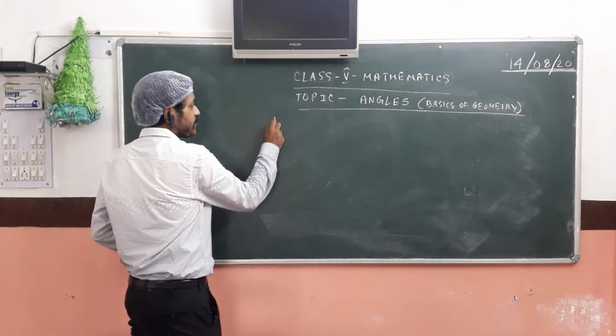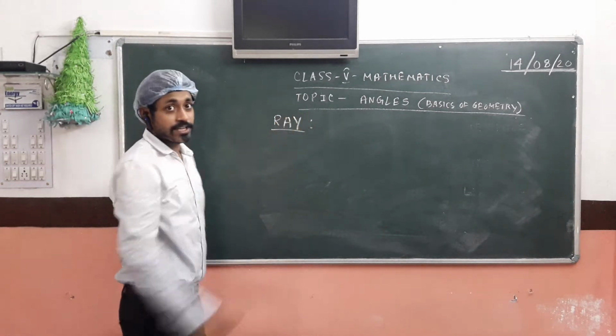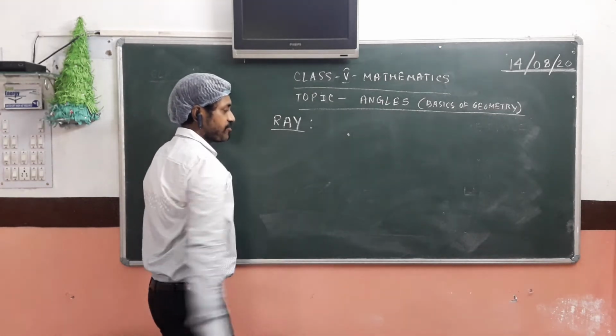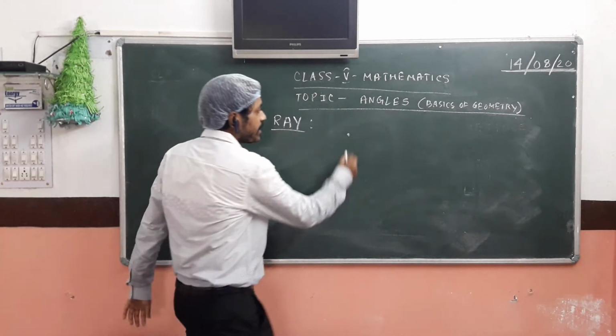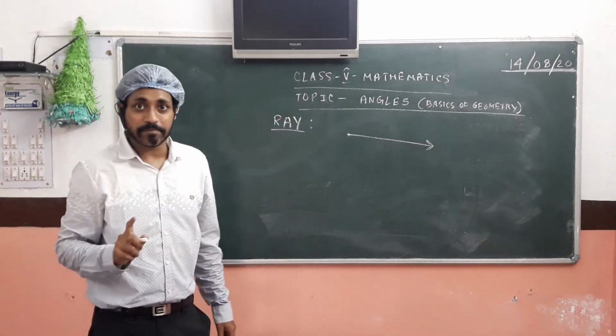In the previous class we dealt with something called a ray. Do you remember what a ray is? A ray is a geometrical figure that has a fixed starting point and continues endlessly in one direction only.